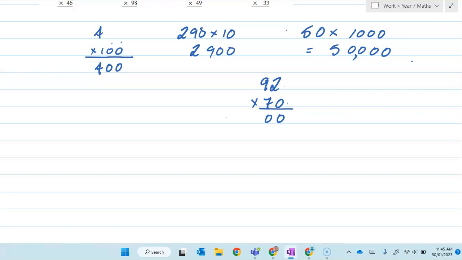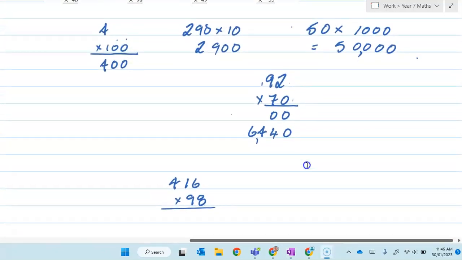We come to the tens column, so you can go through placing your 0 there to move yourself across. 7 times 2 becomes 14. Okay, put down the 4, carry the 1. 7 nines are 63, and 1 is 64. So 6,440.